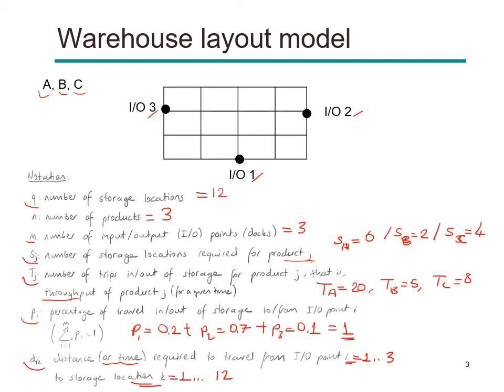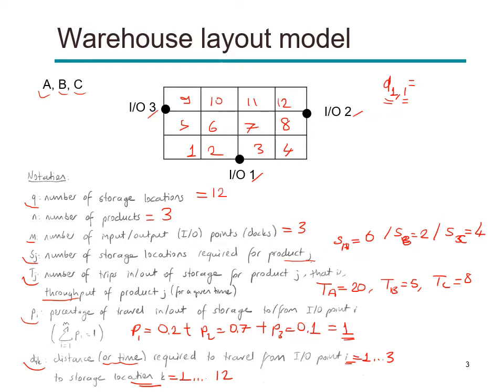Okay, now let's have a look at this. We gave these numbers. This was 1, 2, 3, 4. These are the numbers of storage locations. Okay, 9, 10, 11, and 12. Now, can you tell me what is the distance between, let's say, this is input output location 1. This is storage location 1.